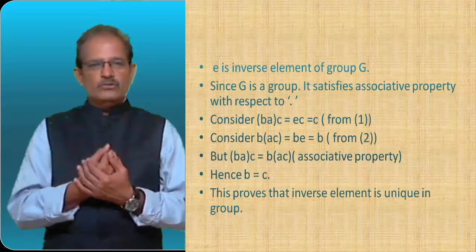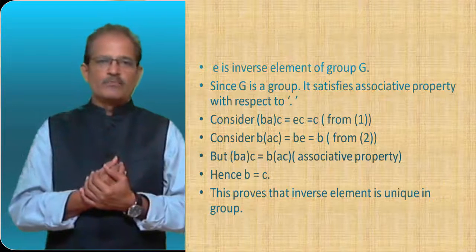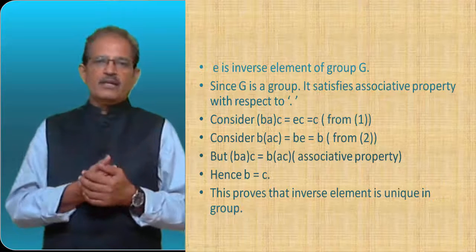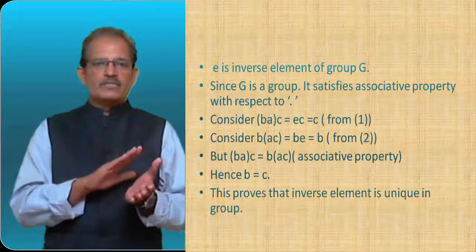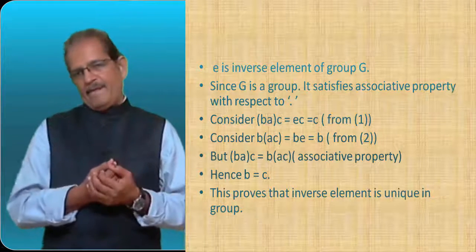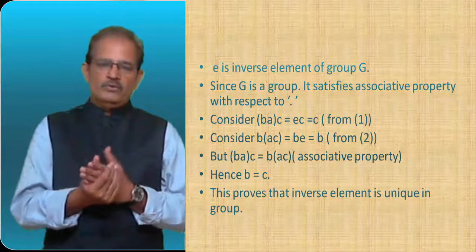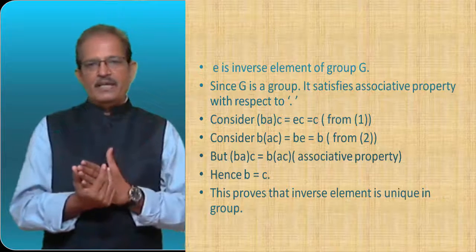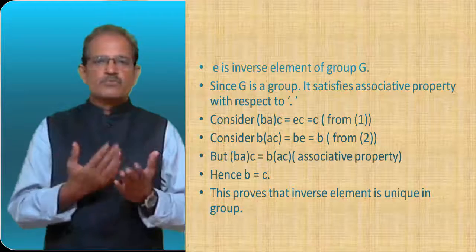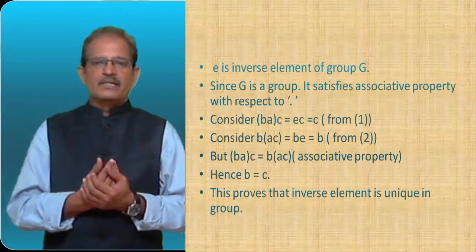But AC is equal to E from 2. Therefore, B into E is equal to B. So, therefore, according to associative property, (BA) into C is equal to B into (AC). Therefore, C is equal to B. So, what is it that you proved? If B and C are inverses of A, they are equal. So, therefore, this proves that the inverse element is unique in the group.